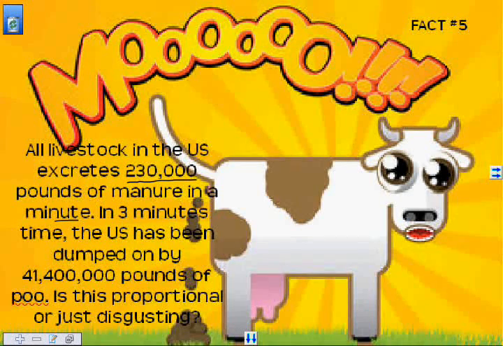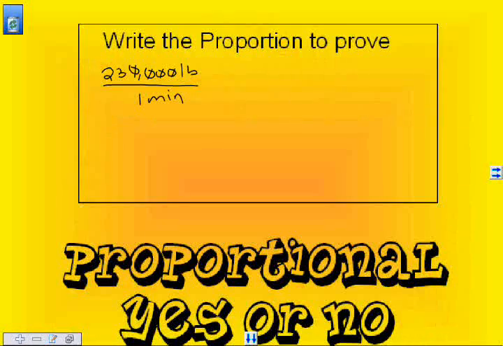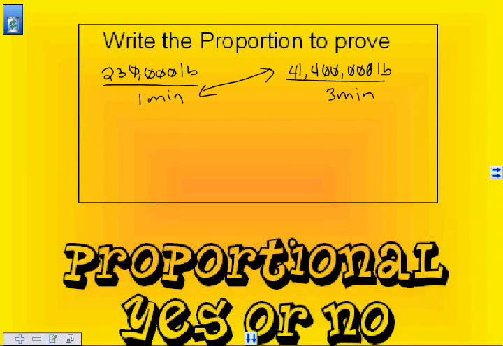In 3 minutes, we've been dumped on by 41,400,000. So we're going to write that down. 41,400,000. Notice how I'm putting the pounds with the pounds and the minutes with the minutes. That was 3 minutes. Cross products.